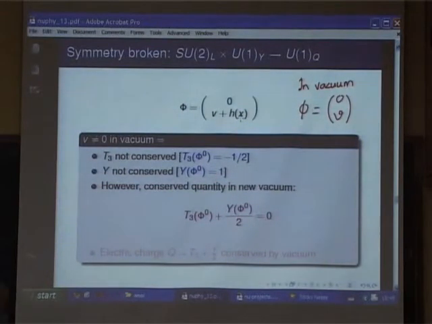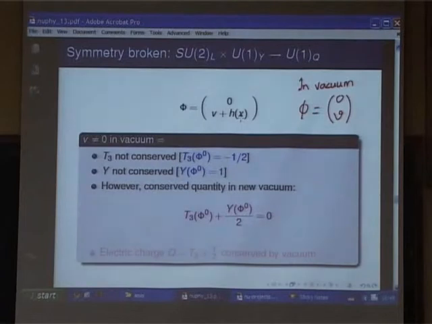So in vacuum everywhere you already have Y equal to 1 without having any other fields at all. No particles, but v is there, Y equal to 1. So therefore, what we have done is we have broken SU2 because T3 is not conserved. We have broken U1 because Y is not conserved in vacuum.